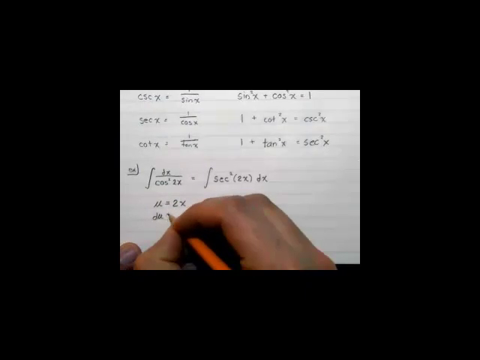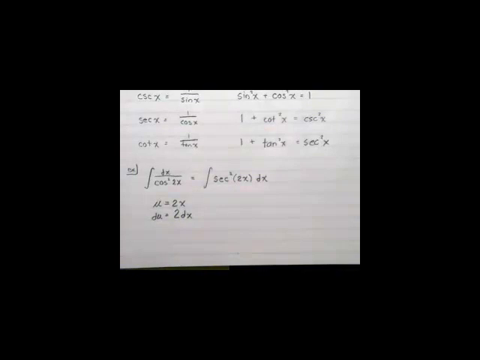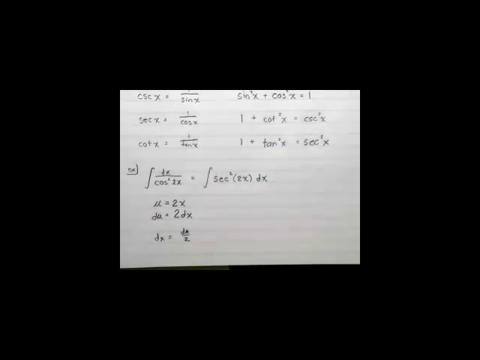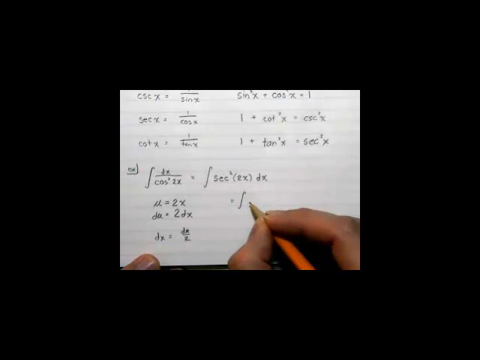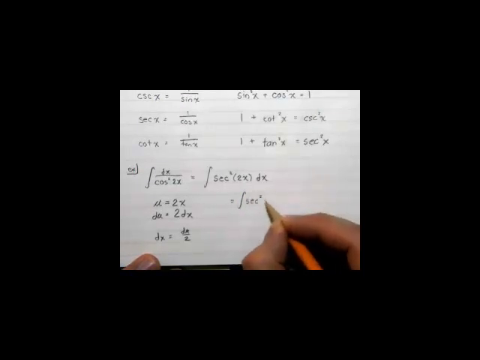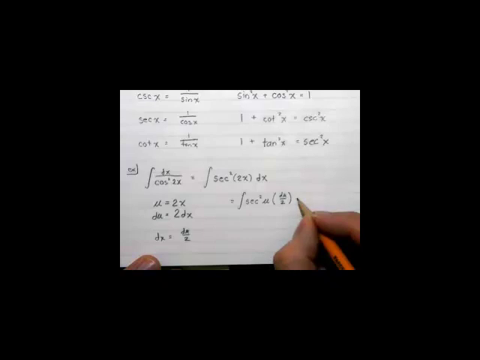So du is 2 dx, and then dx is equal to du over 2. So we've got the integral of secant squared u times du over 2, but I'm just going to pull that 1/2 out front.